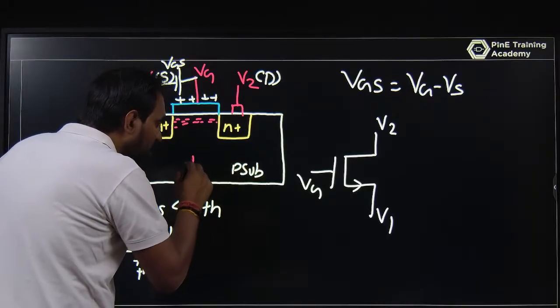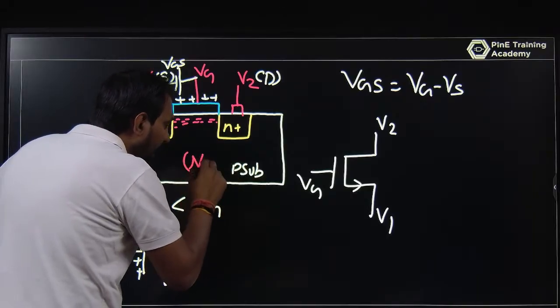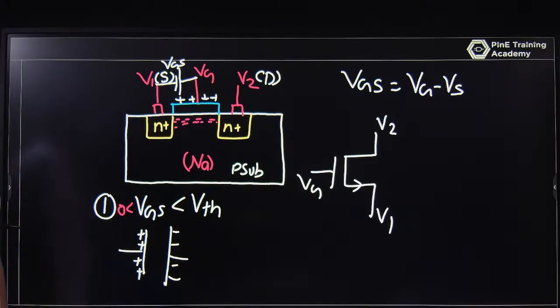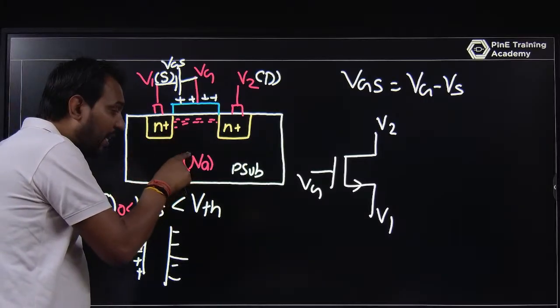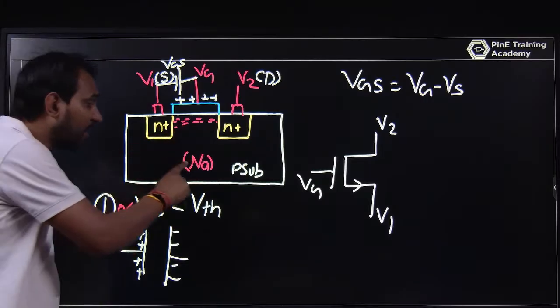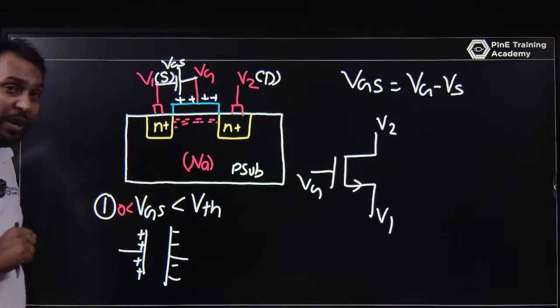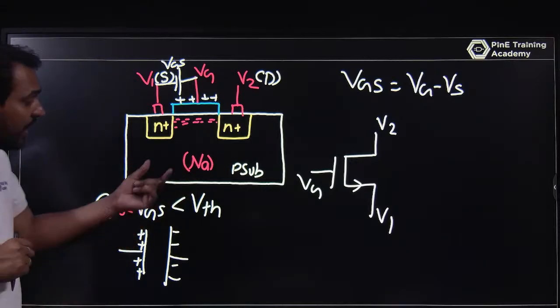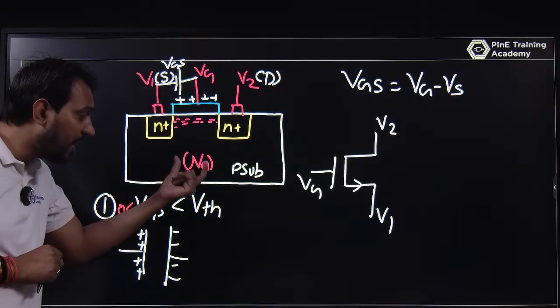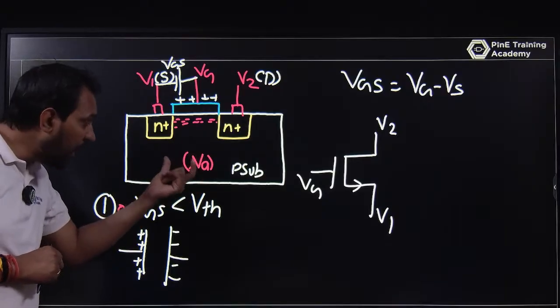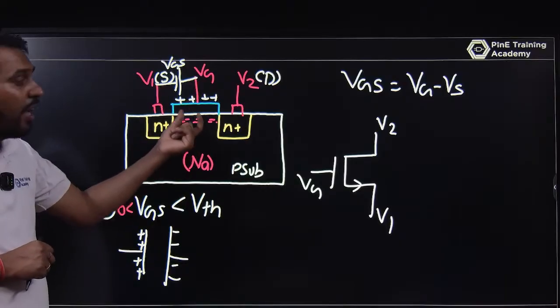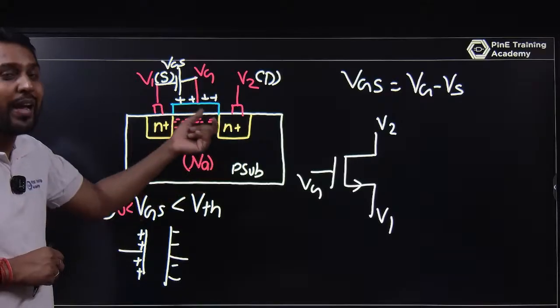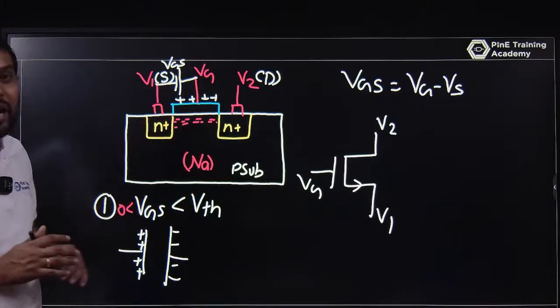In the P substrate the majority carrier is Na, that is holes, and this majority carrier Na has some value, some atoms per centimeter cube. If the majority concentration of the body becomes equal to the minority concentration below the surface, then I can say this will form an inversion layer.